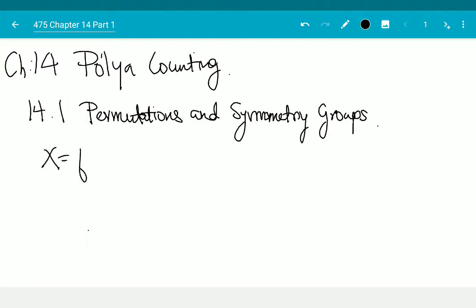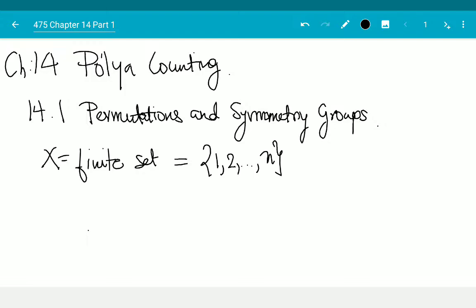X is equal to a finite set, which I am going to take to be, for convenience, 1 to n, 1, 2, dot dot dot, all the way up to n. I can look at any other set, but I'm just going to look at this for the sake of easier explanation.